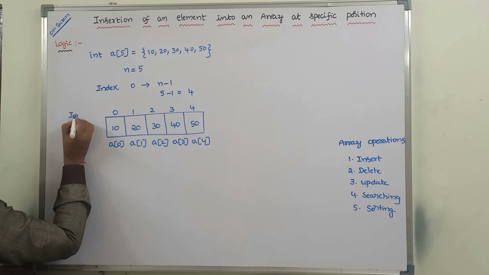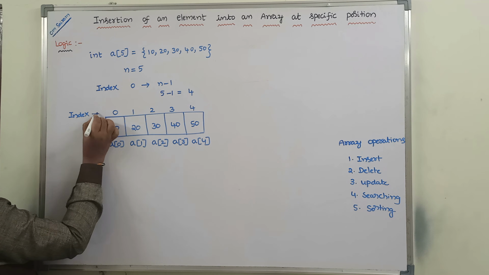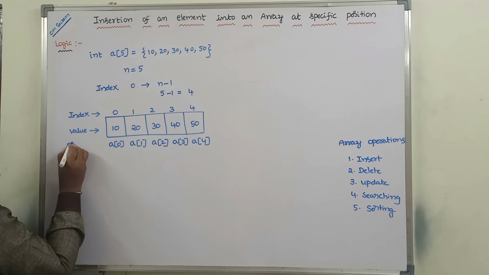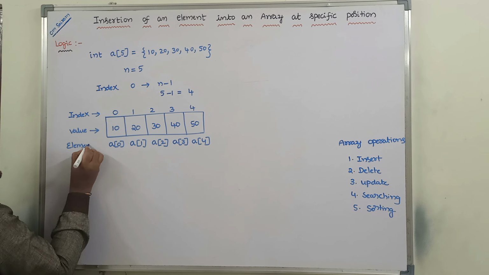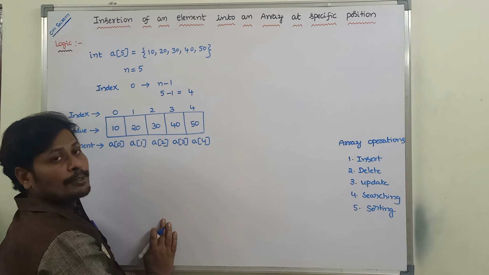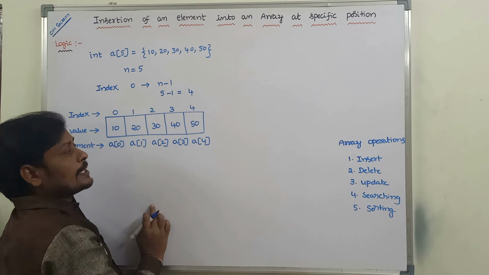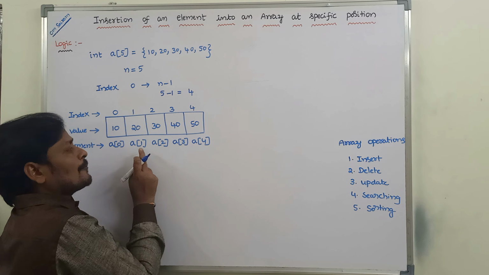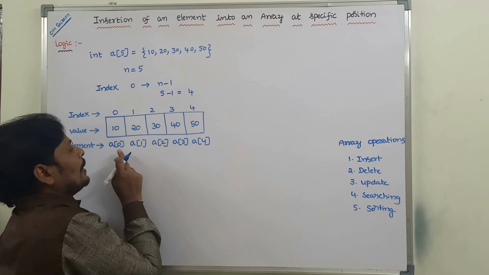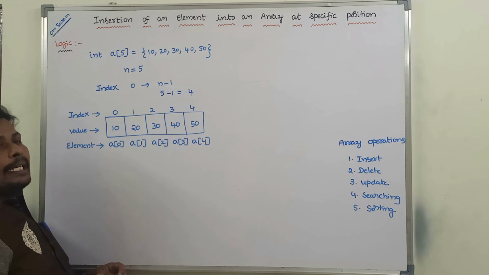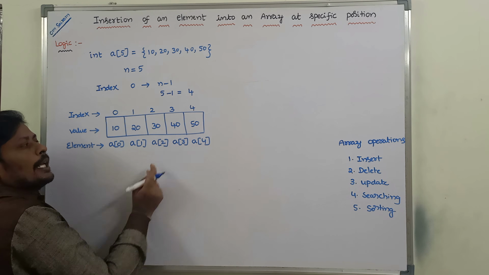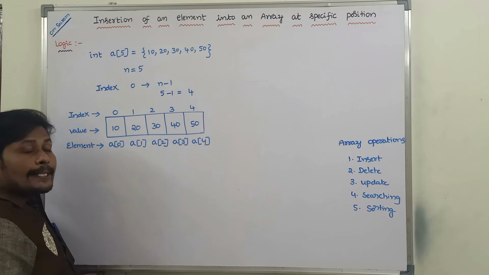So this is the index value, this is the value, and this is the element. Array index starts with 0 and ends with n minus 1, that is 5 minus 1, that is 4. So the elements are a[0], a[1], a[2], a[3], a[4]. In a[0] we are storing 10, a[1] stores 20, a[2] stores 30, a[3] stores 40, a[4] contains 50.